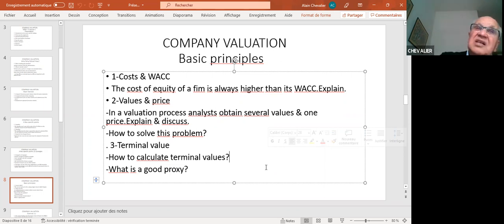And the second explanation is not coming from finance, but mainly from strategy. If you remember your courses in strategy, you know that one of the main messages is don't be with businesses in very different sectors. You cannot be good everywhere.